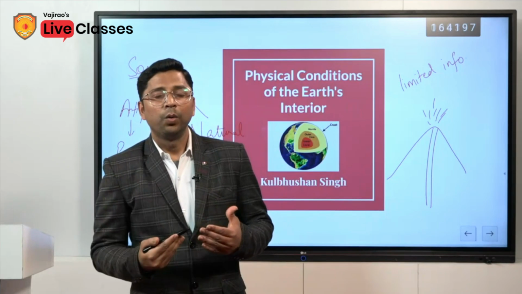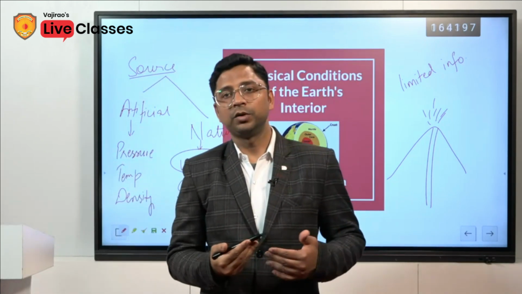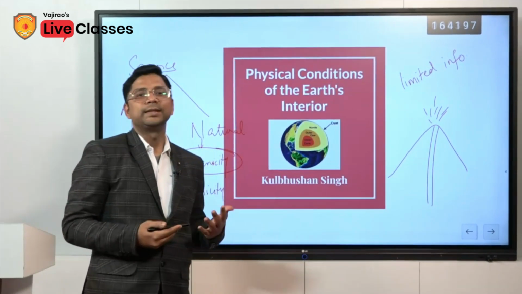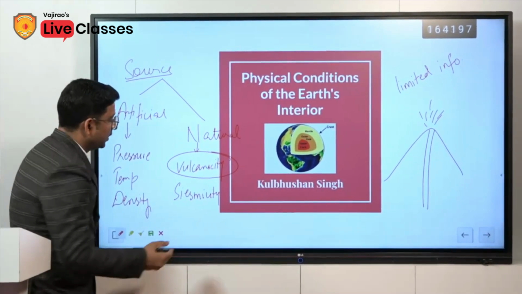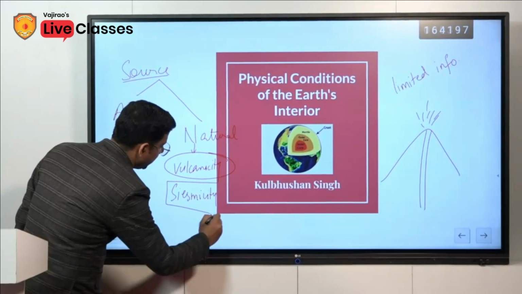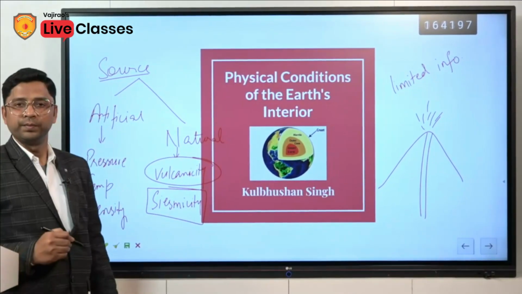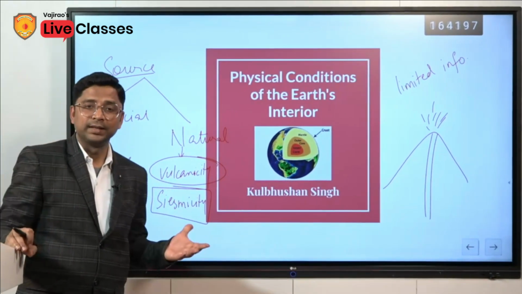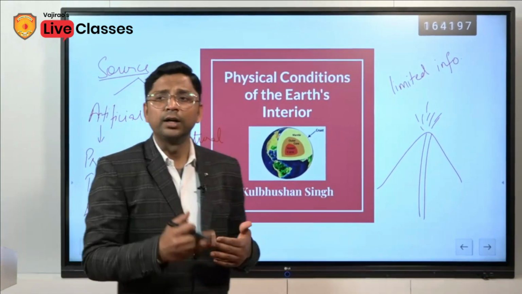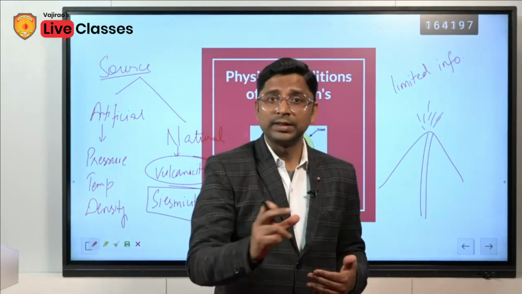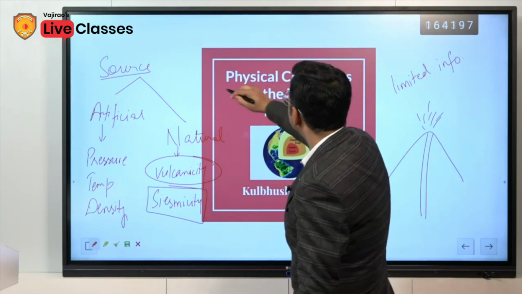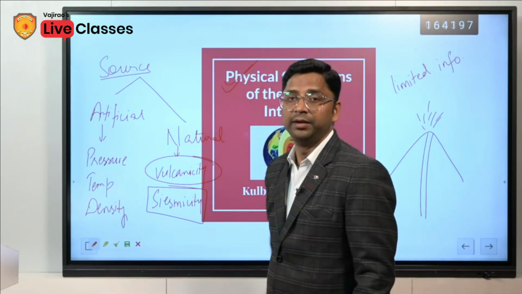Then how can we understand what is the condition of Earth's interior? Here seismicity comes to our rescue. Seismicity is the science which deals with earthquakes and earthquake waves. This is the science that helps us to understand the physical conditions of the Earth's interior.